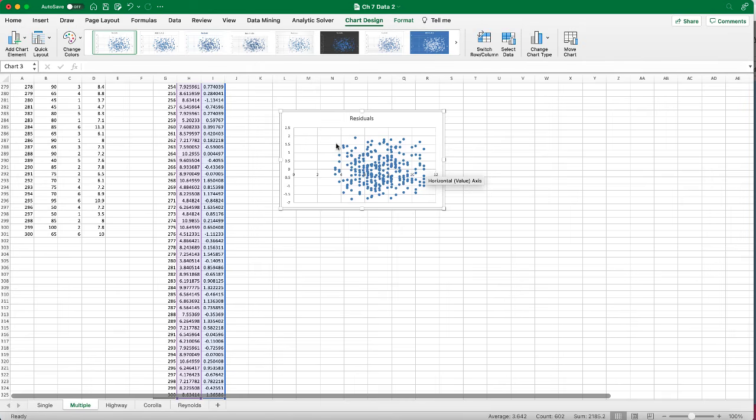So there's no obvious pattern, which is really good. We don't want to see a pattern in the residuals; we want to see them randomly distributed, kind of evenly along the line of mean 0. So this means that this linear regression model has good variance and can create pretty good predictions.